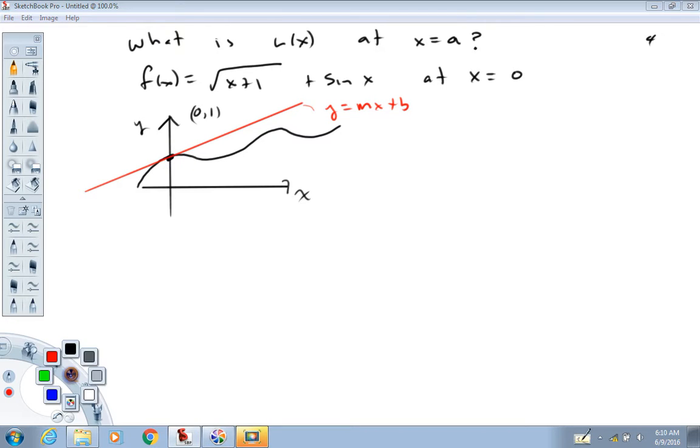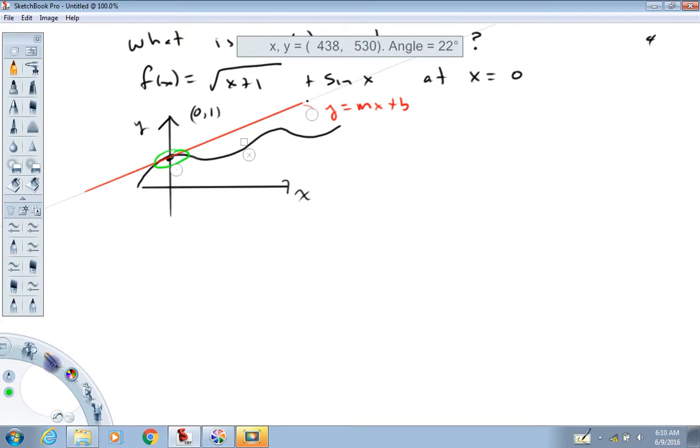And if you look in this region right here, and I blow that picture up, we've got the tangent line, and then we've got that function coming in there. It might be doing something like this.